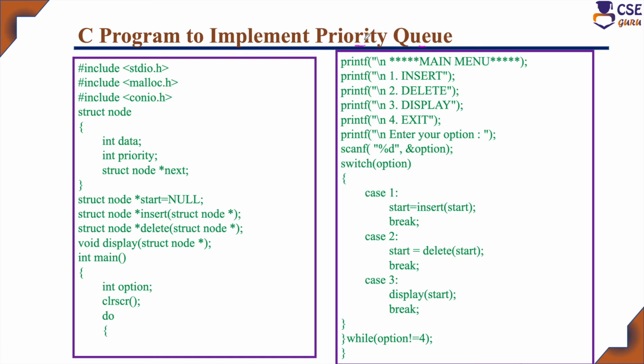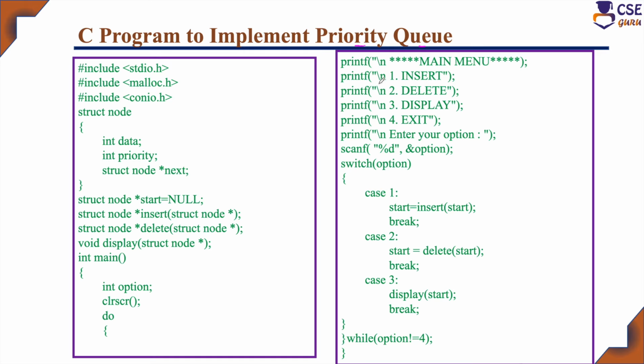The next highest priority element will be processed next. Likewise, the procedure will happen. So, whenever we want to process an element, the highest priority element will be given preference. So, how will the deletion happen in this case? The highest priority element only will be deleted first. So, this is nothing but priority queue.